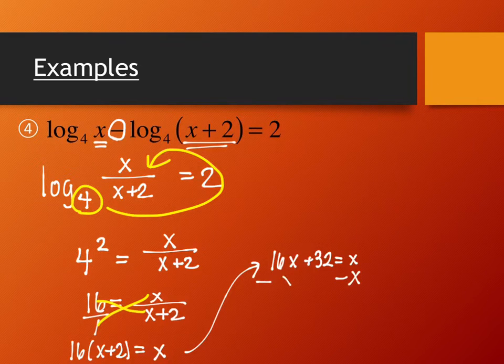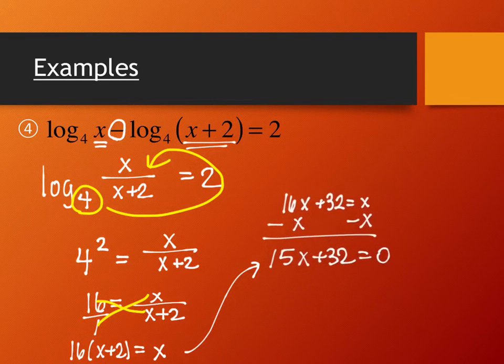Subtract x. So I have 15x plus 32 equals 0. Now what? Subtract 32. So 15x on the left equals negative 32 on the right.